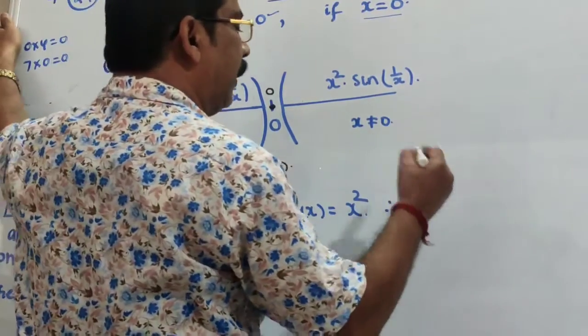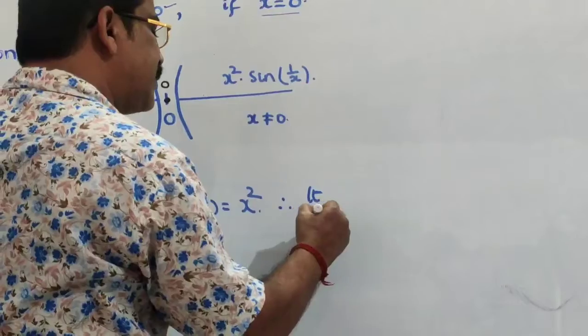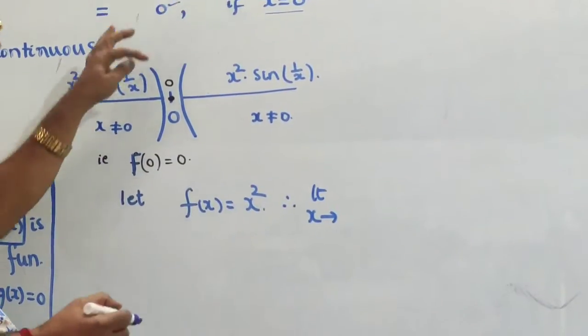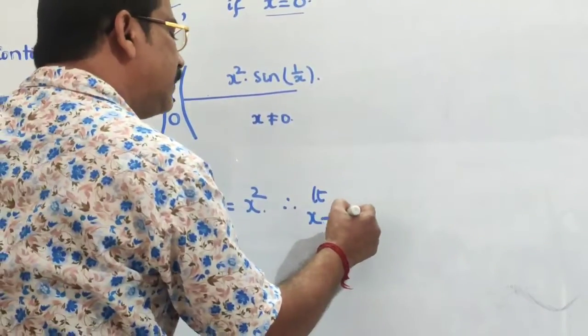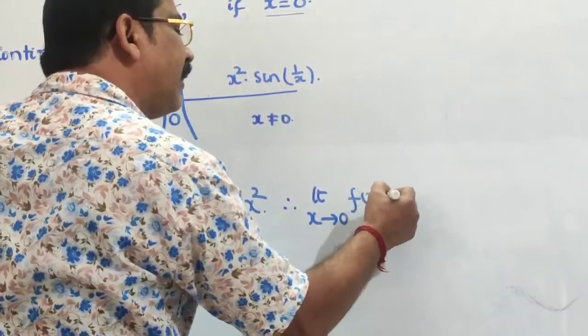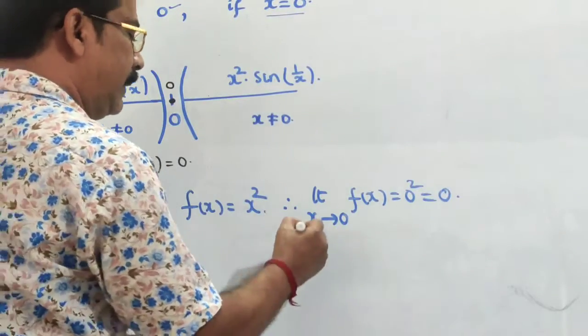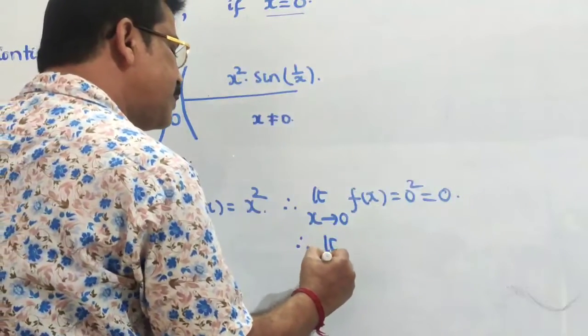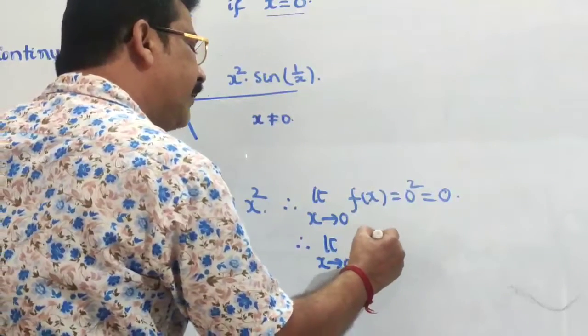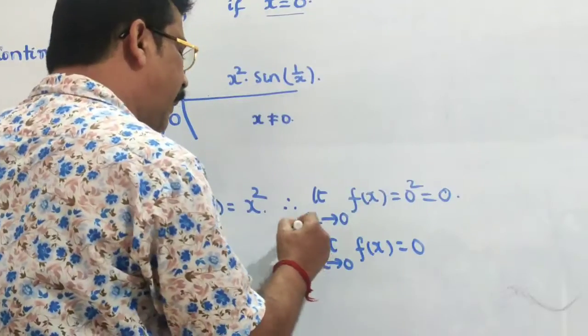So limit x tends to a, here we are discussing at x equal to 0. f of x equal to 0 square, clearly 0. Therefore limit x tends to 0, f of x equals 0.